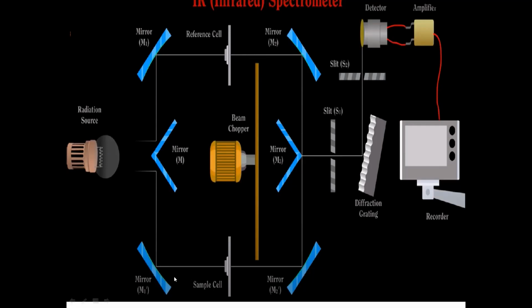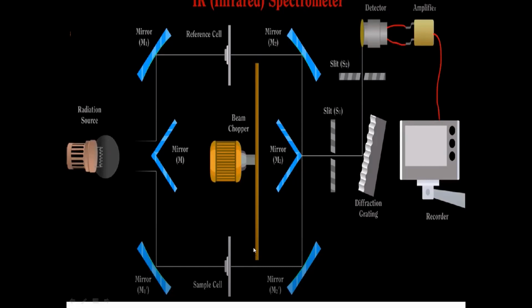So what will happen? The IR light beam which is passing through the sample will be allowed to go up to mirror M2 dash, and that will reach mirror M3. And that will pass through the slit and come up to the diffraction grating. Now, what will happen in the next step? This beam chopper will go down and come to this level.